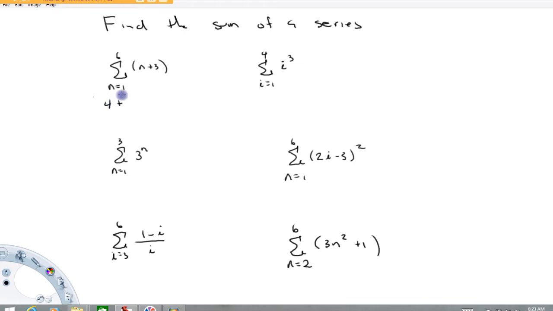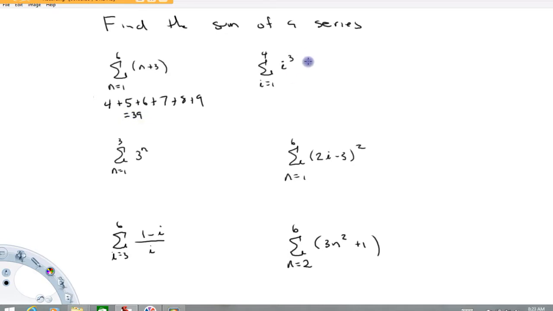So we're going to have 4, and now I'm going to put in an n equals 2 here, plus 5, plus now I'm going to put in an n equals 3. We're going to get 6, then n equals 4, and then n equals 5 is going to give us an 8, and then n equals 6 is going to give us a 9. I'm going to go ahead and, for the sake of not doing much work, add these up and I get 39.